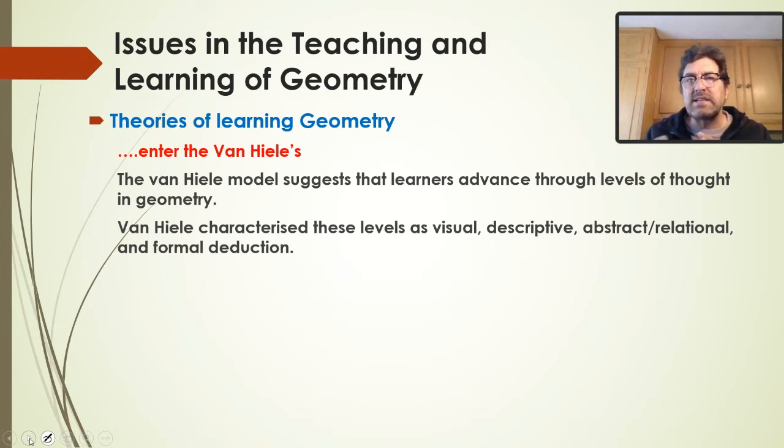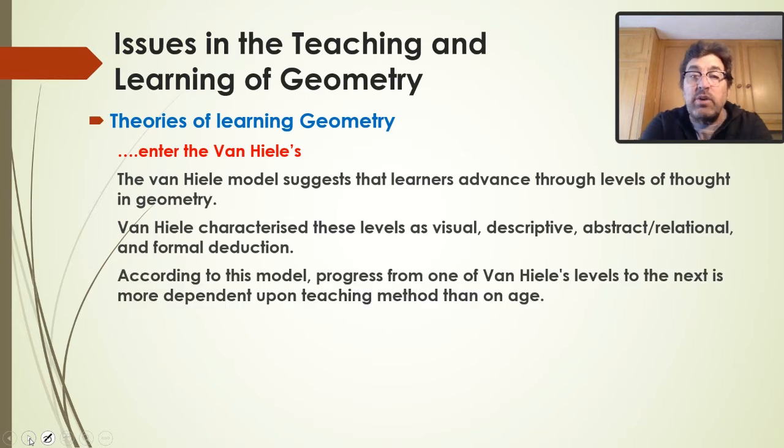Now that takes that second phase that Piaget has spoken about, and it opens it up. It says, how is this happening? I think the Van Hieles must have sat there with Piaget's model and thought, but how does this play out in reality? According to their model, progress from one Van Hiele level to the next is more dependent upon the teaching method than the experience and the age of the learner.